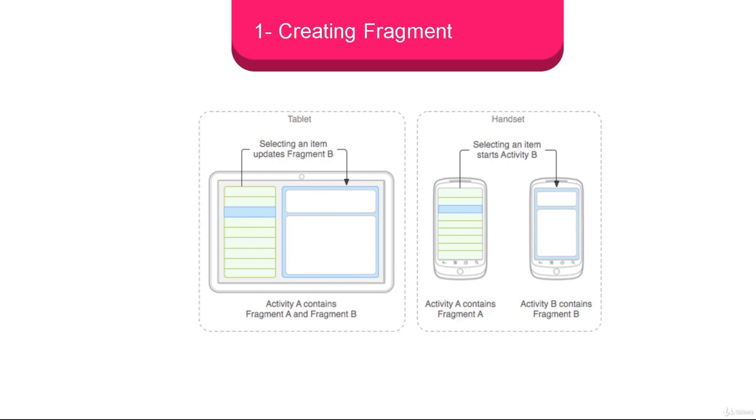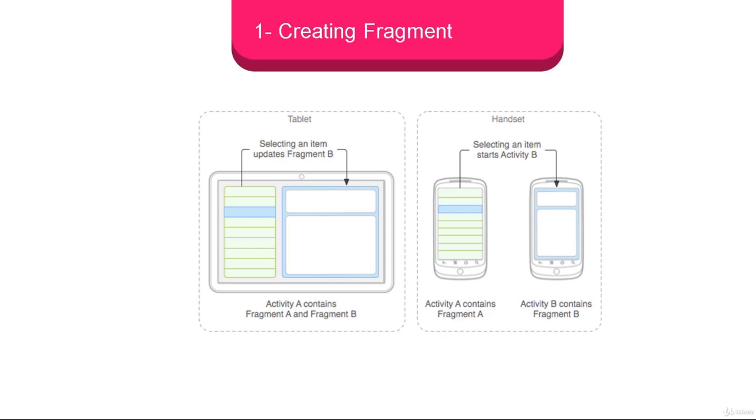Another way to look at it: without fragments, users have to choose an article in one activity and must open another activity to read the content of the article. If the user wants to return to the article list page, the article content page, which is inside one activity, must be closed, and then the article list page, which is inside another activity, must be opened. Oy.